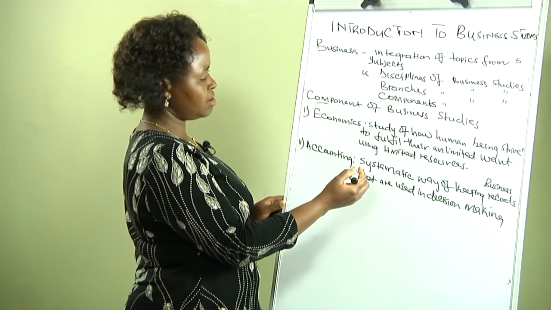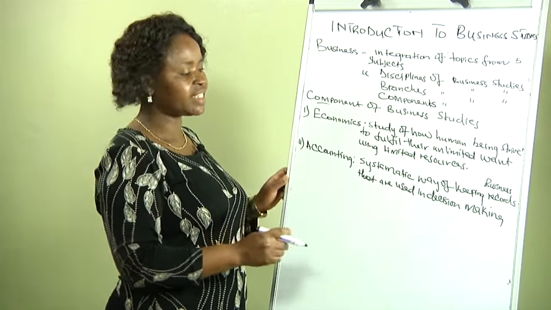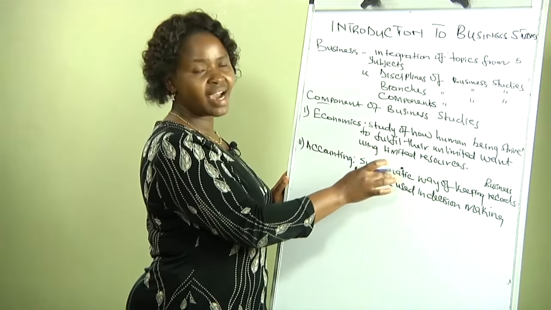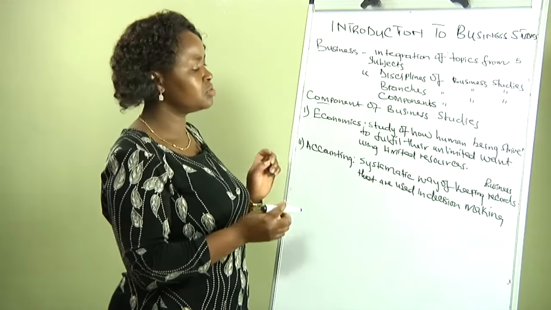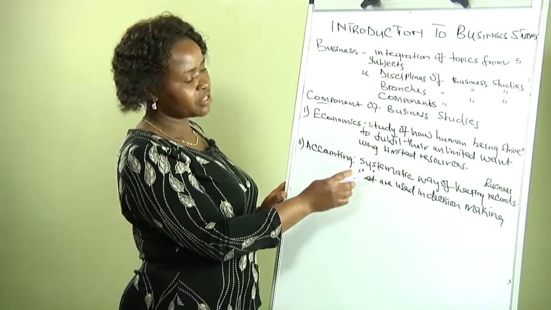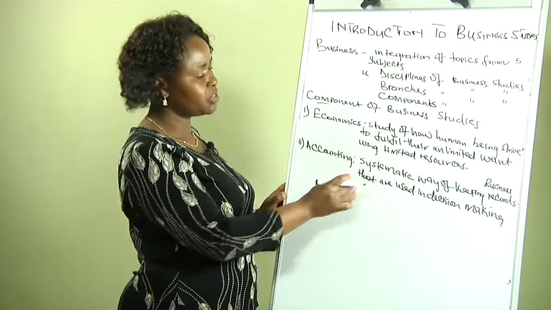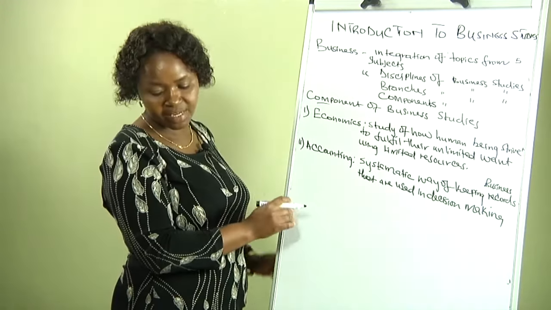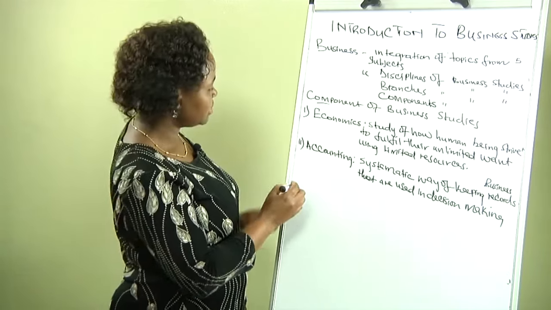We are talking of keeping the records in a systematic way. They are organized and they are recorded in accordance to how they occur. Maybe at higher levels of learning in business studies, we shall be able to explain clearly what we mean by systematic way of keeping records.